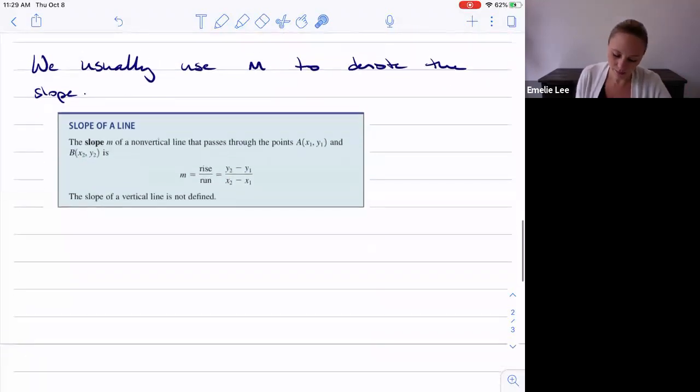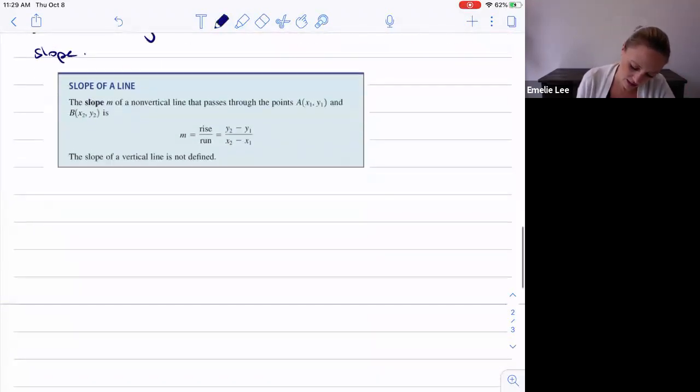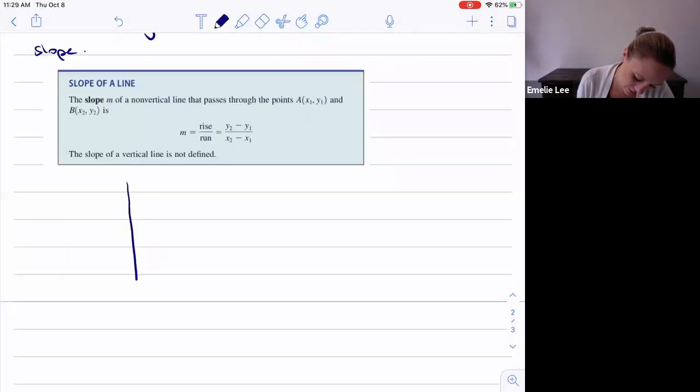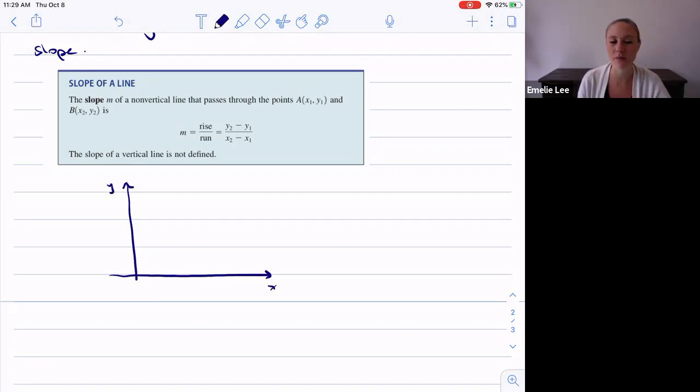Okay. What this is saying is that, okay, if you've got something like this, and here's your x and here's your y-axis. Sometimes I draw them. I should draw them. It's lazy not to, but sometimes I don't put the x and y on there.